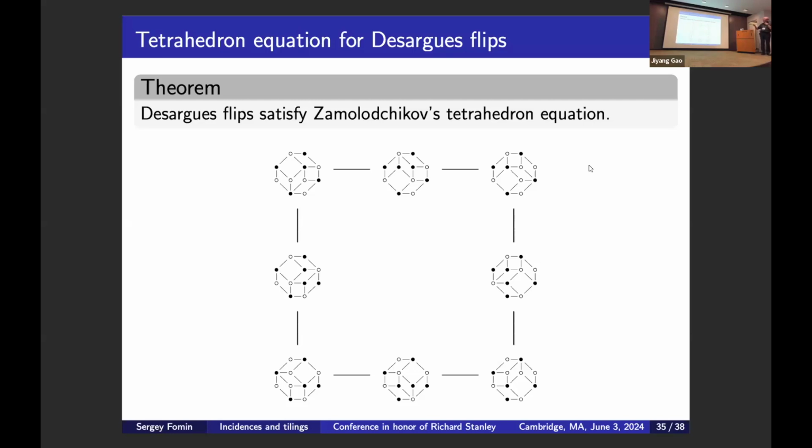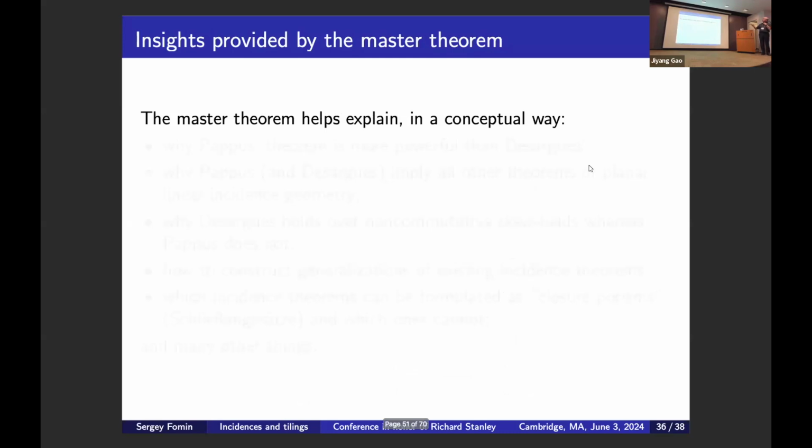So now I told you about a couple of connections with other kinds of mathematics. Let me also, in the last 2 slides, tell you about the new insights that this approach provides into the classical subject of linear projective geometry. This setup helps explain conceptually why Pappus's theorem is more powerful than Desargues's.